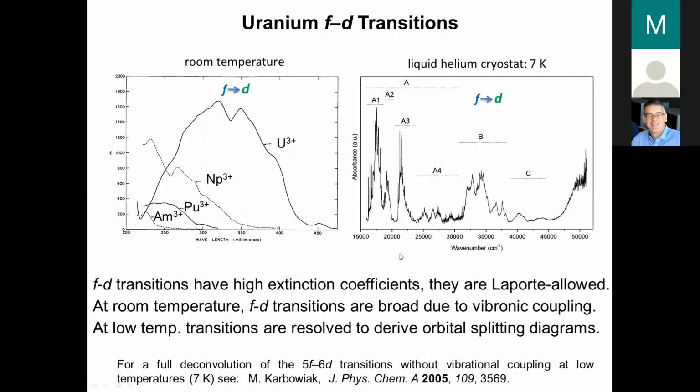So even though energetically it would be possible for those transitions to couple to vibrations and broaden them, there no longer are vibrations because of the low temperatures. And that sharply resolves all these f-d transitions, allowing us to model them and to understand the electronic structure. I think this is a bit beyond the scope of this lecture, so we'll leave it there, but you know that this can be done.